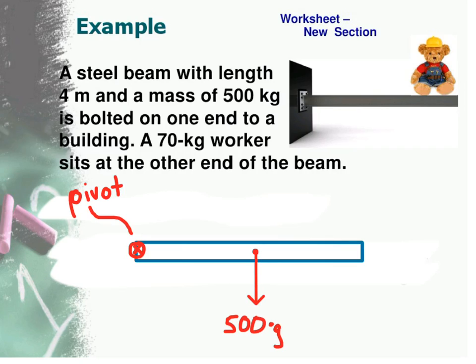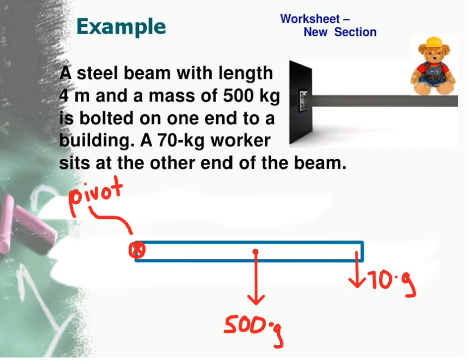Well, we don't have just that force. We also have the force from the worker. So we have to draw a second force, but since the worker is sitting at the end of the beam, that is where we have to apply their weight, at the very end of the beam here.